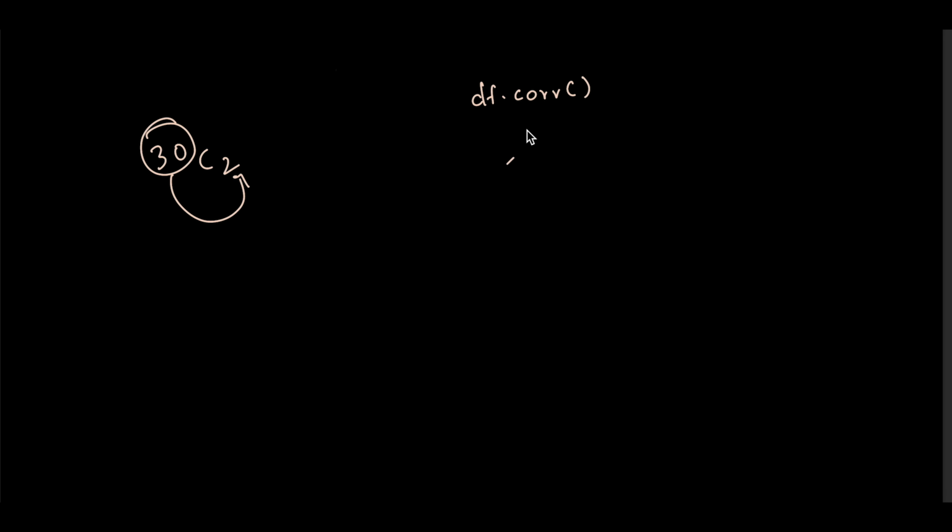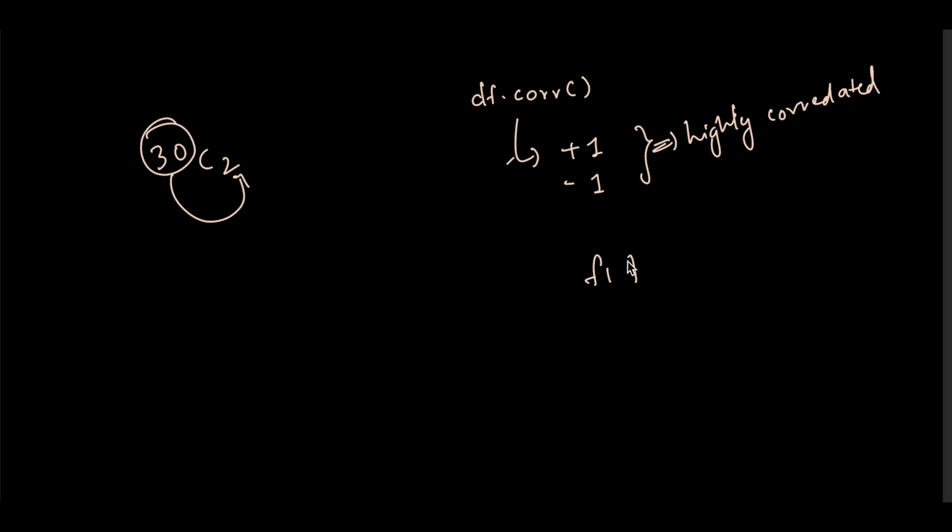If the correlation value is near to +1, or near to -1, that means they are highly correlated. So if it is near to +1, what does that mean? That with the increase in feature 1, feature 2 is also increasing. Let's say the correlation between feature 1 and feature 2 is near to 1, or greater than 0.5.